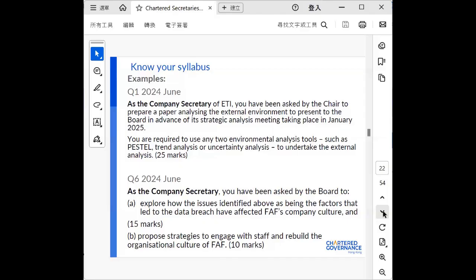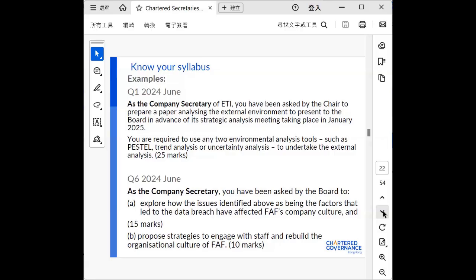And in the traditional module, they may talk more about the shareholders and customers, but in this module, we look at the broader stakeholder issues. Maybe you have to consider the regulators and the community at large.